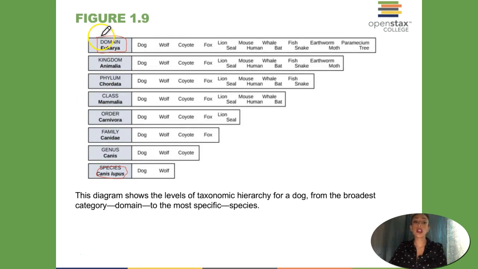The broadest of them all would be domain Eukaryote. I could say that an organism belongs to domain Eukaryote, but that could be anything: a human, yeast, a mushroom, millions and millions of different organisms.